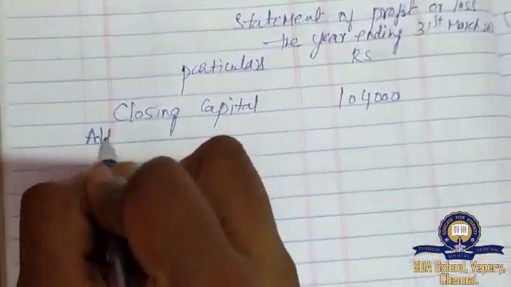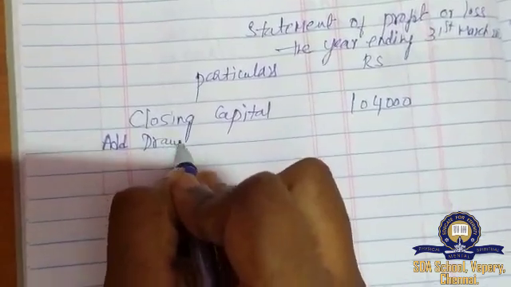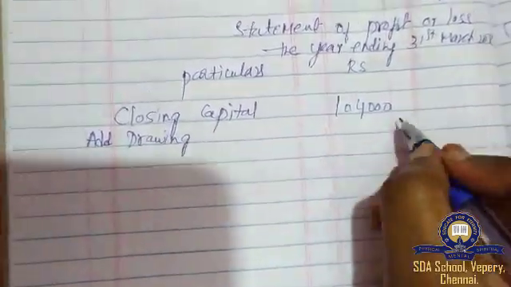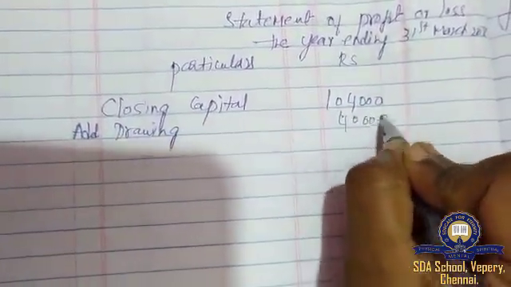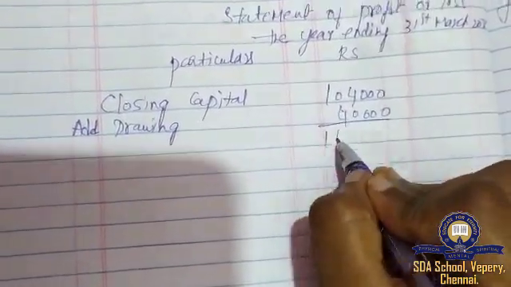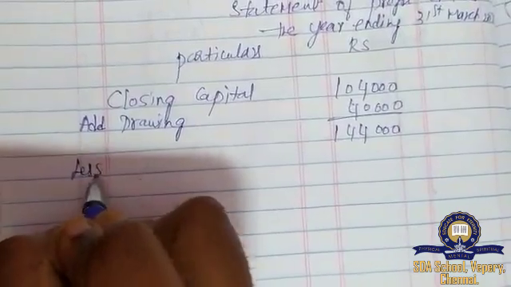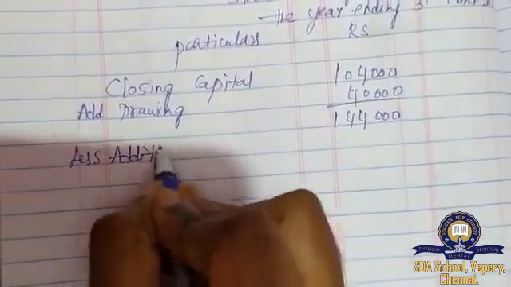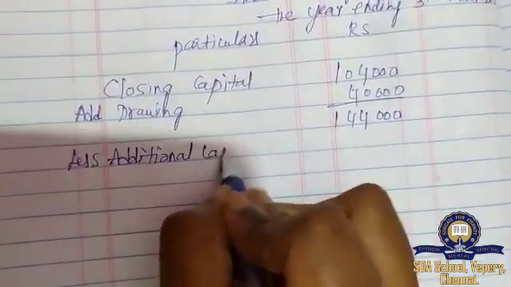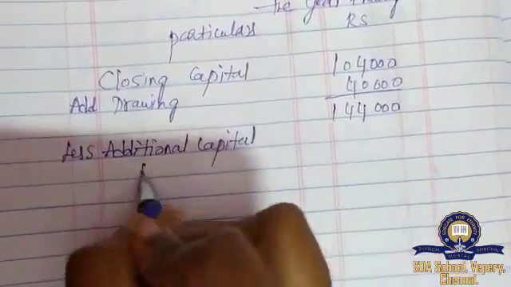1,04,000. Add drawing. So drawing amount they have given in the additional information is 40,000. If you add it you will be getting 1,44,000. Then less additional capital introduced.